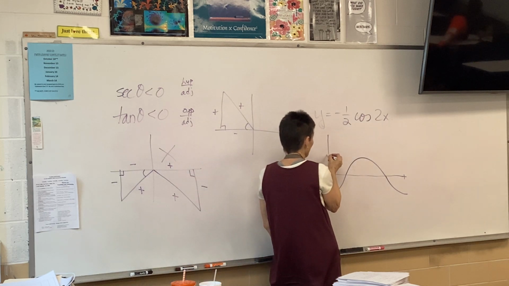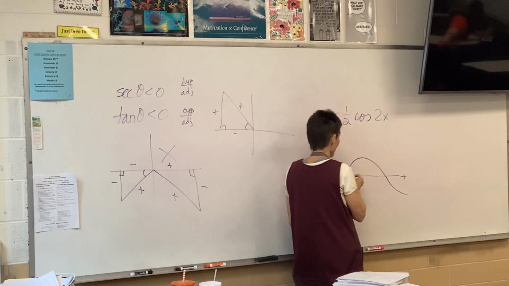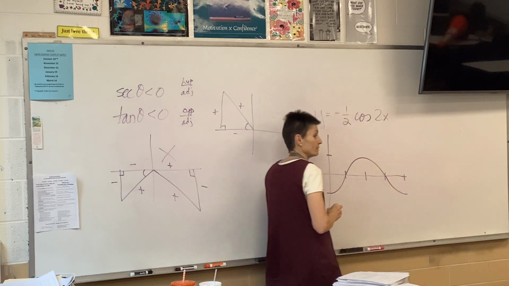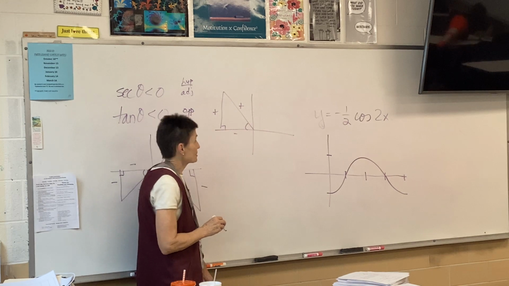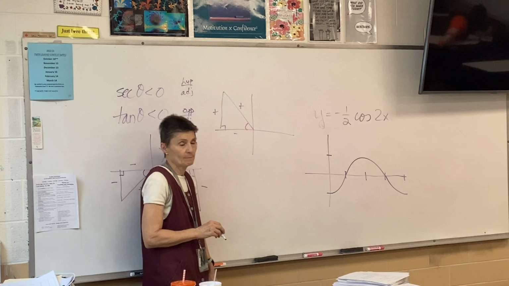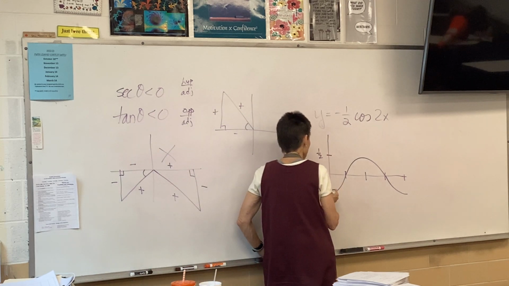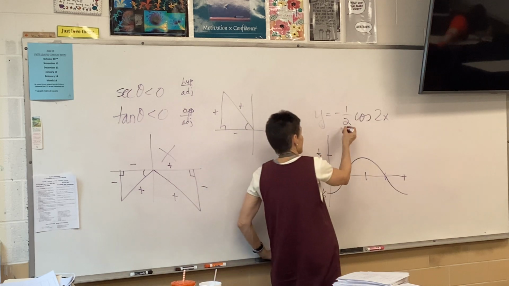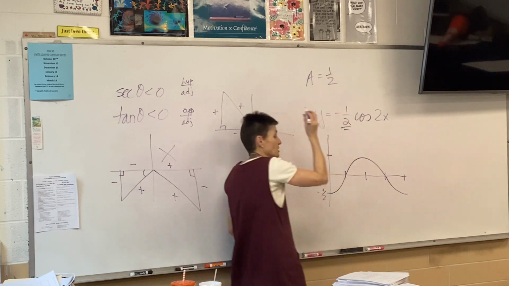Now I need to label the up and down and where I cross, my high point and my low point. Those need to be labeled. So tell me what you know about any of the labels. On the vertical is gonna be 1/2 and -1/2, because this number gives me my amplitude, which is my height.